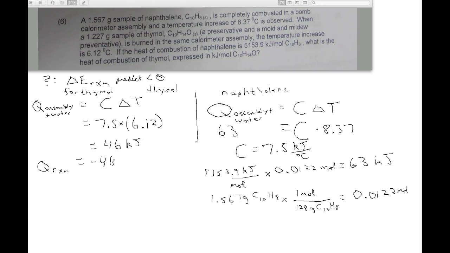Good. And since that's for the reaction, and they want it in kilojoules per mole of thymol, then we can take negative 46.14 kilojoules and divide it by, let's see, 1.227 grams of thymol, and thymol is 134 plus 16 is 150 grams per 1 mole.